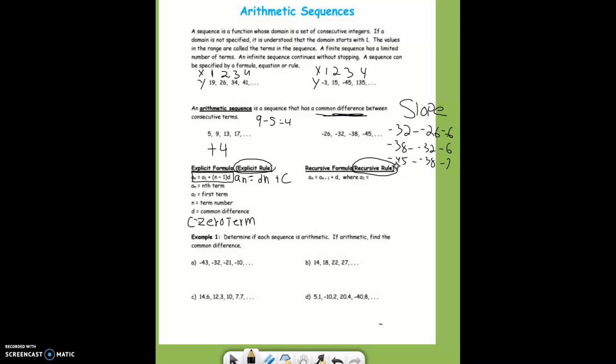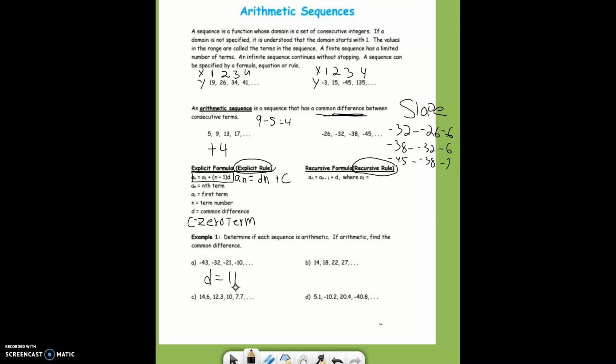So what we're going to do here is determine if the sequence is arithmetic or not. If you look at the first one, it's going down, as you can tell. Is it going down by a, I'm sorry, it's going up, not down. Come on, 43, it's going up. And actually, the difference, it's going up by 11, okay?